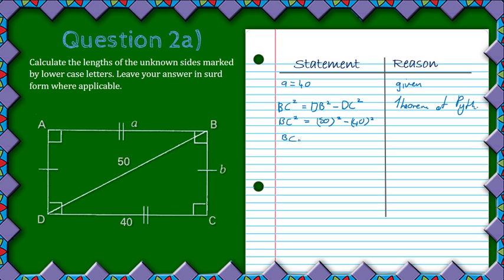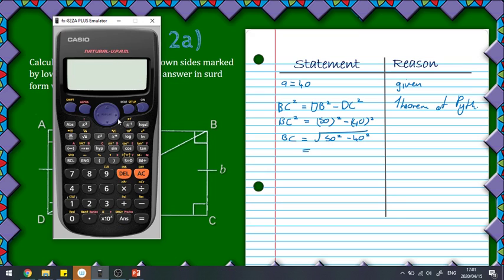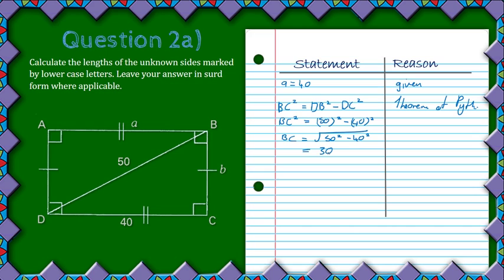So BC is equal to the square root of 50 squared minus 40 squared, and that is equal to 30. We're not given any units, so you can just say 30 units.